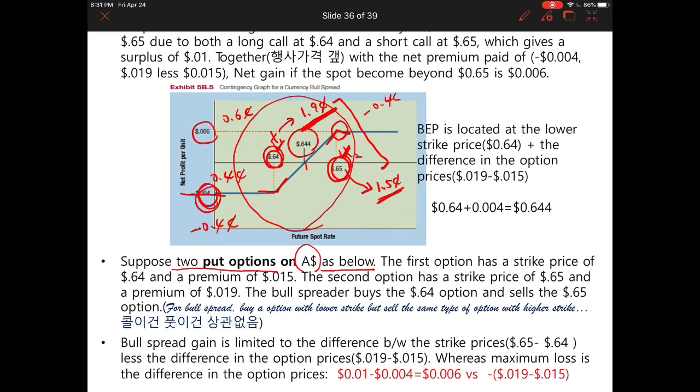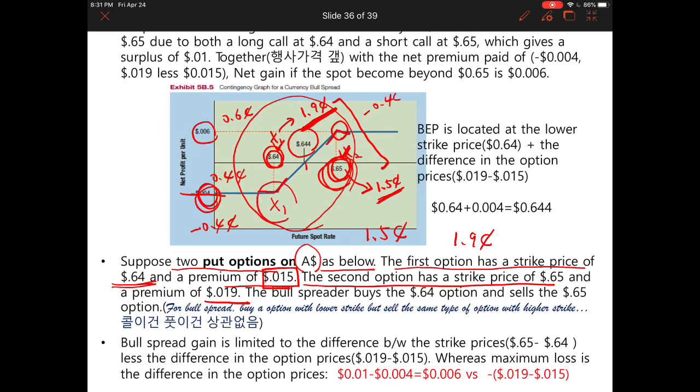The first put option has a strike price of 64, the same one is here, X1. And the second put option has a strike price, the same one, 64, right? But the premium for the first one now becomes lower, 1.5 cents. For the second one, the premium increases to 1.9 cents, right?